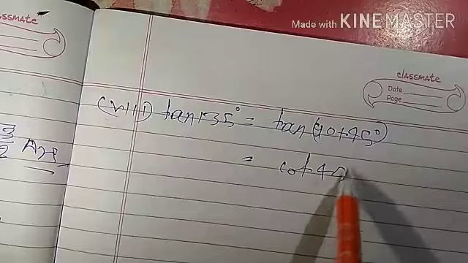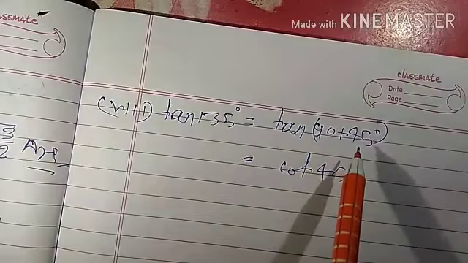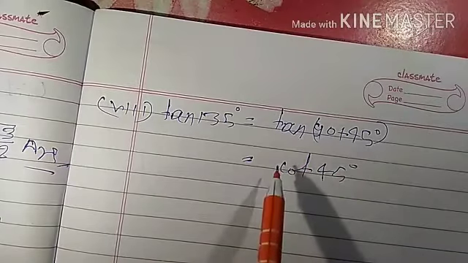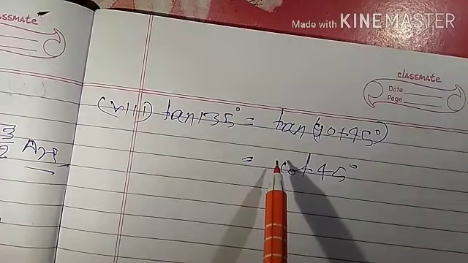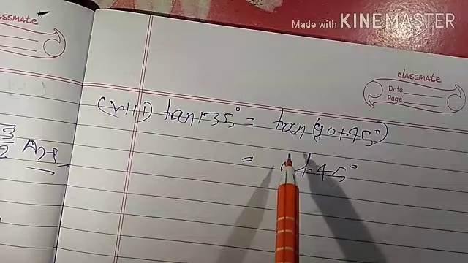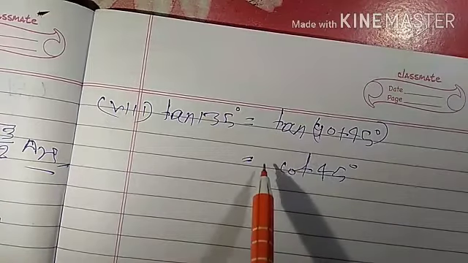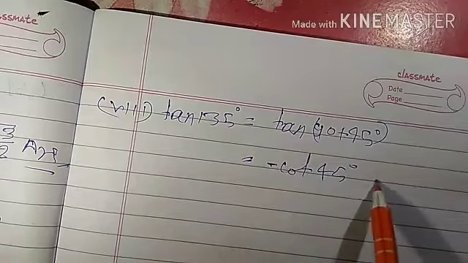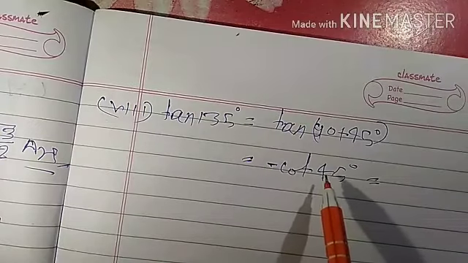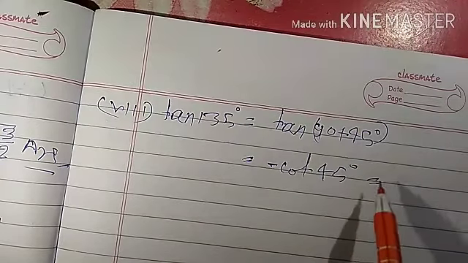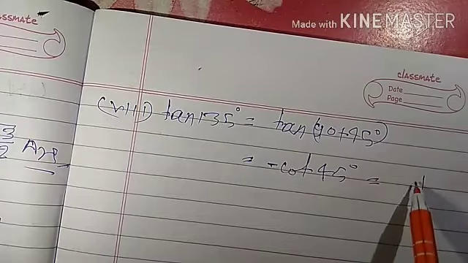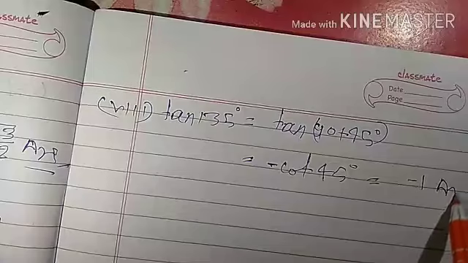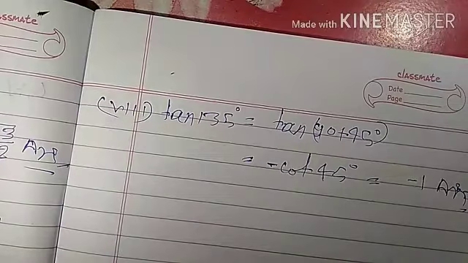So cot 45 degree. 90 plus 45, the angle is in the second quadrant. In the second quadrant only sin theta and cosec theta are positive, and the other four functions are negative. So tan theta is negative. The value of tan 45 degree is equal to 1, so cot 45 degree is also 1. So minus 1 is the right answer.